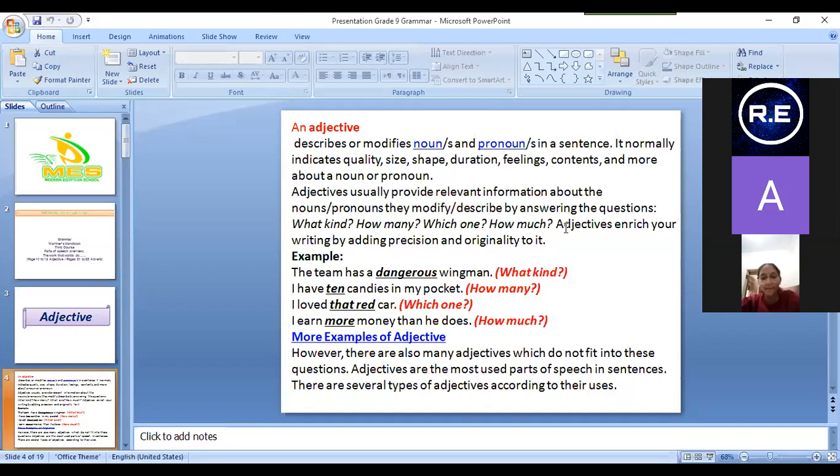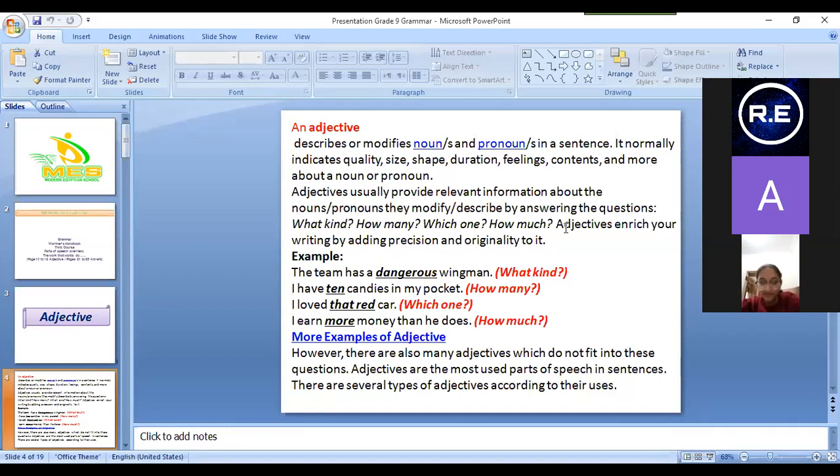I have used some examples here. The team has a dangerous wingman. Now we're trying to describe what kind of wingman. Is he dangerous? Is he lazy? Is he fast? I'm trying to describe the wingman himself. Now we move on to: I have 10 candies in my pocket.